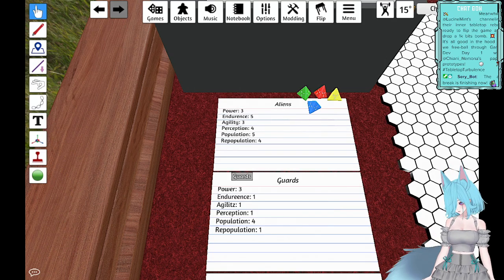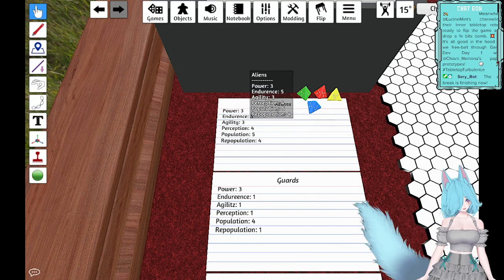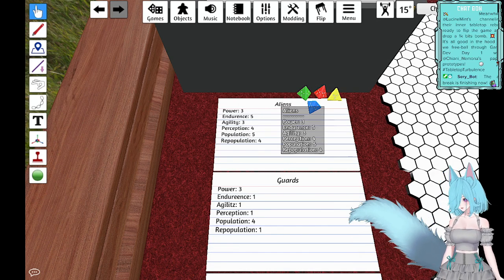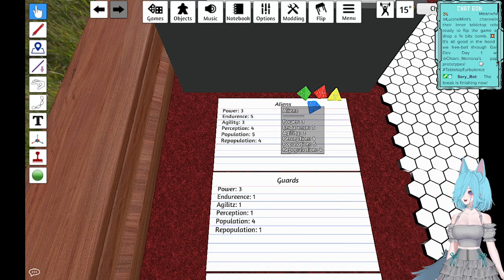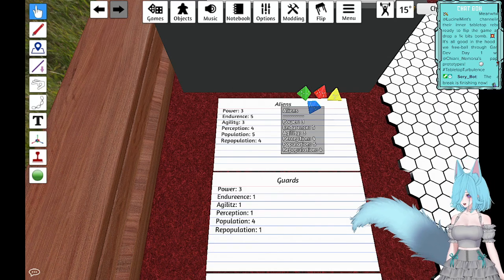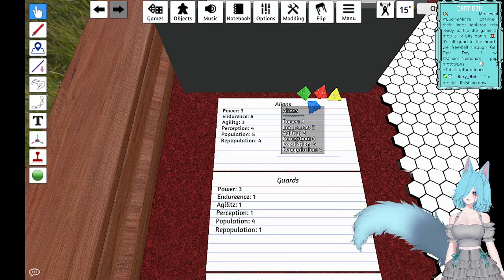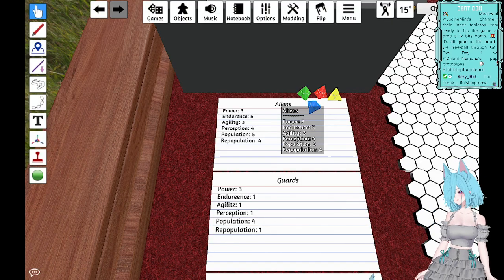So, power goes against endurance, and endurance goes against power. So, this is actually not a matchup we win, but we still gotta do it because we need to reduce casualties here.